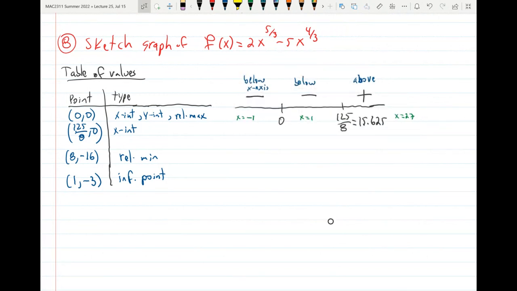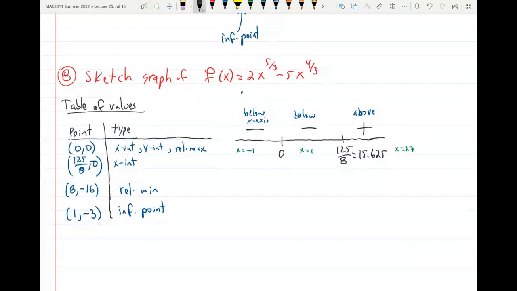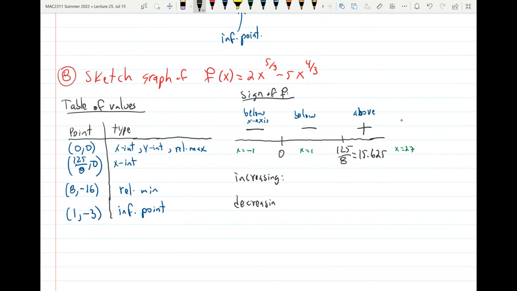This is, remember, the sign of F. Now I want to have also when it's increasing, I want to have when it's decreasing, I want to have when it's concave up, and I want to have when it's concave down.